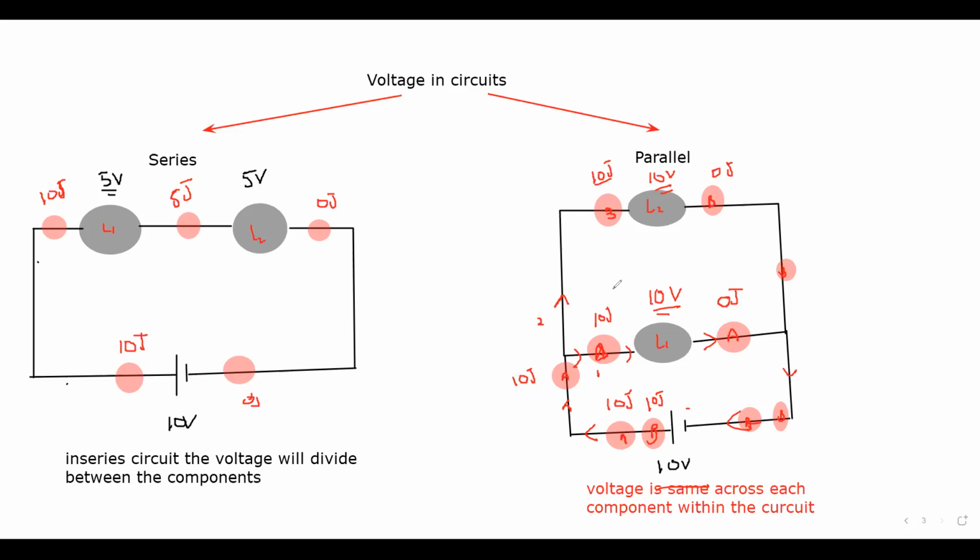But yes, there will be a difference in the time interval, but we cannot detect it because it's a very short time interval. Is it clear to everyone? The series and the parallel circuits.